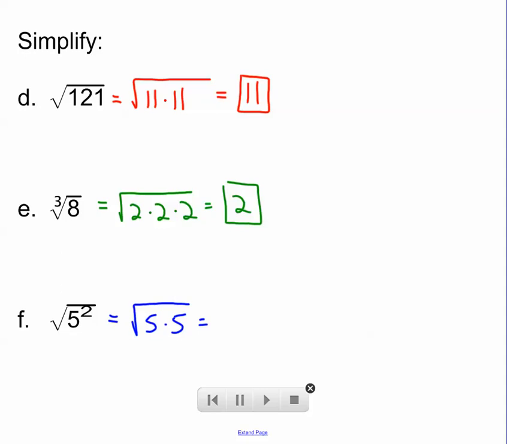The square root of 5 squared is just 5. And what you'll find here, and it'll appear in the problem sets, is that anytime you take the square root of a number squared, it's just the number. The square root of a squared is a. The square root of x squared is x. The square root of p squared is p. Square root of a million squared is 1 million.